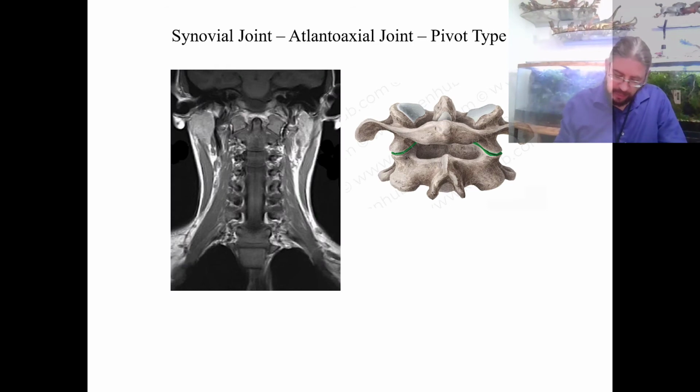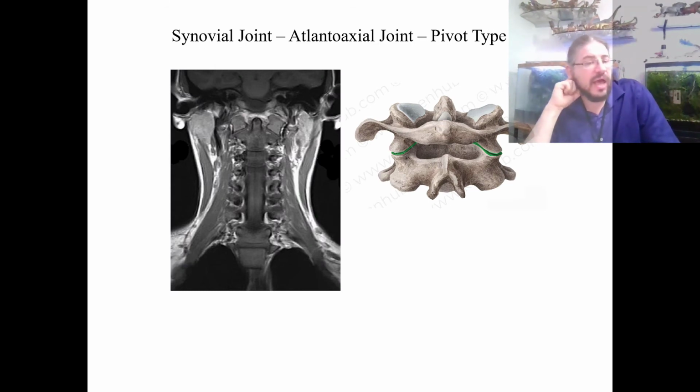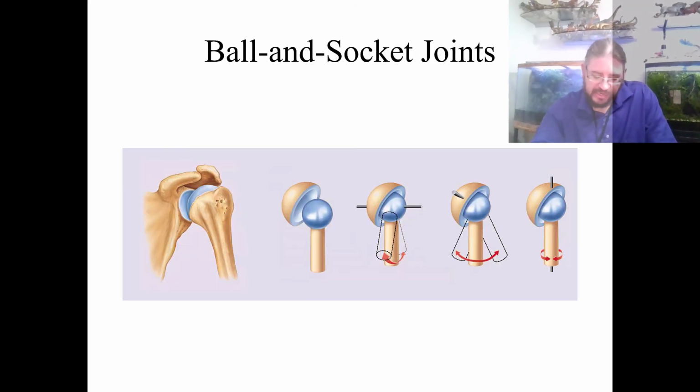So there we go. There's the C1, C2 rotation about the dens. So there you go. Not too terrible. All right, ball and socket joints. These can move in 3 planes, right?